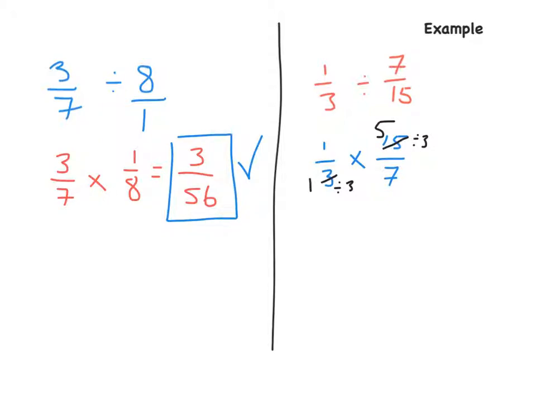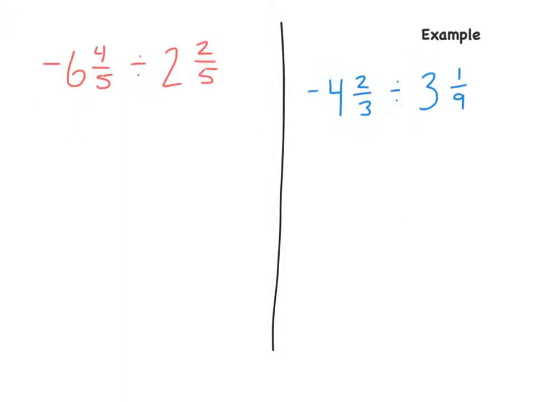Now we could just multiply straight across. 1 times 5 is equal to 5. And 1 times 7 is equal to 7. So our final answer is that 1/3 divided by 7/15 is equal to 5/7.